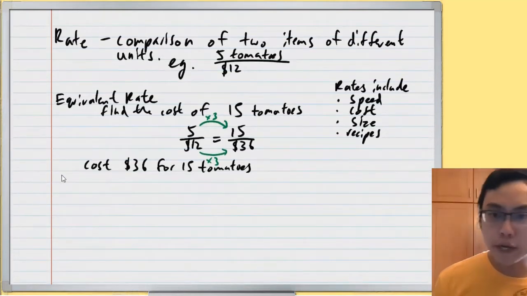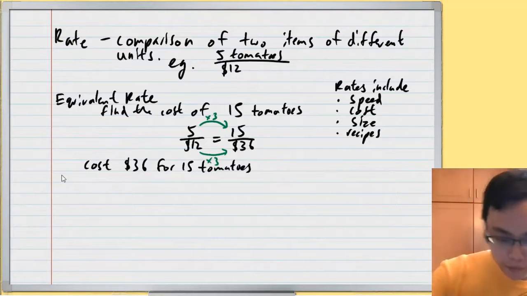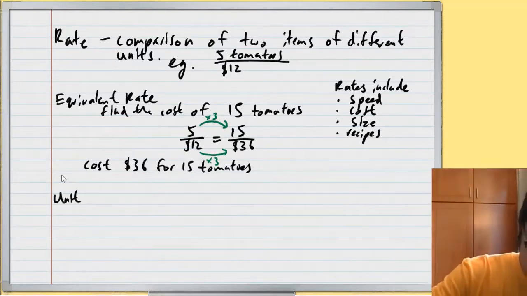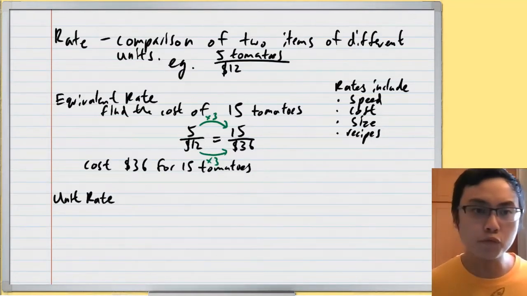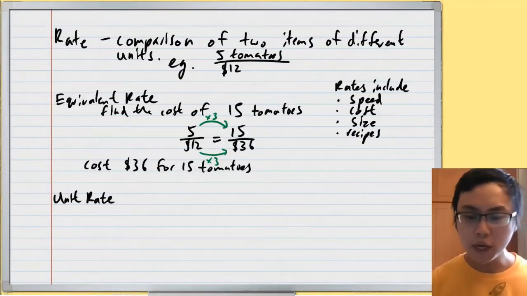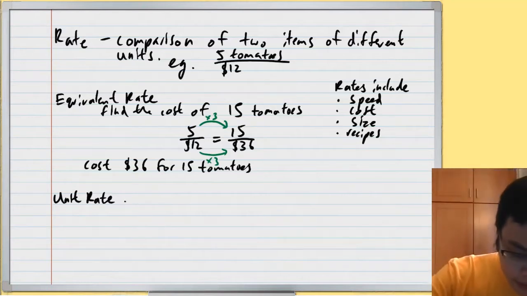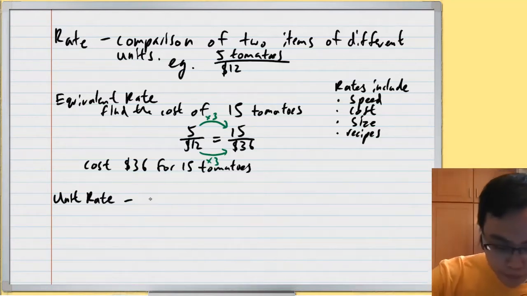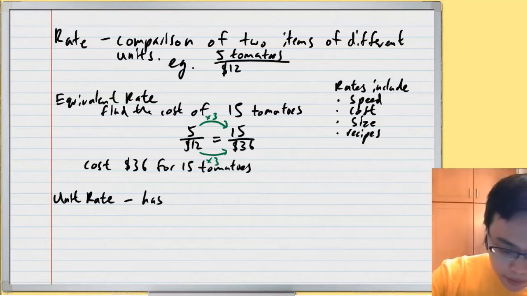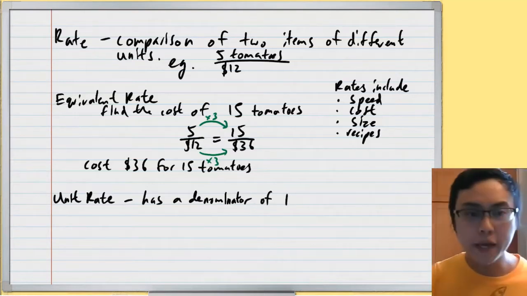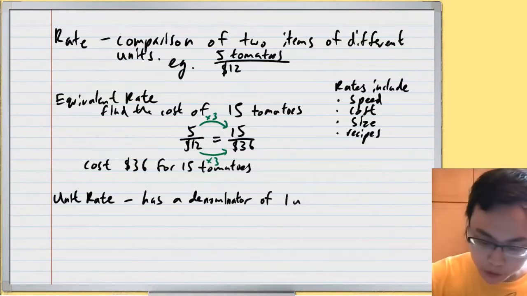So let's look at something else called a unit rate. Now we talked about rates. So what is a unit rate? A unit rate is similar to a rate where it's a comparison between items of two different units. But a unit rate has a denominator of 1. It has to be 1 unit.